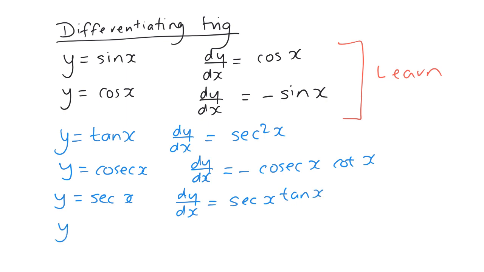And y equals cot x, dy by dx, minus cosec squared x. So all the ones in blue are in your formula booklet. The top two are the ones that you have to learn.